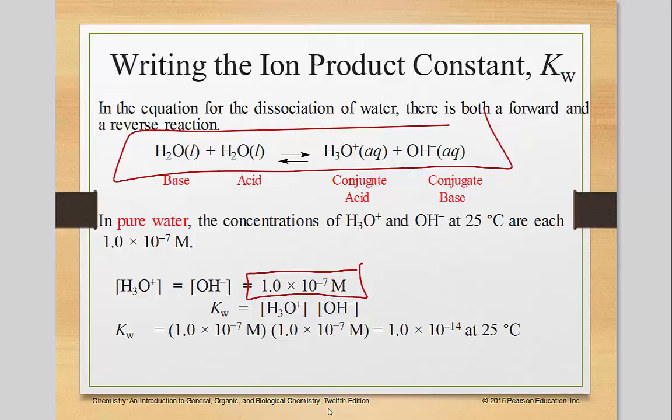And so we use something called the ion product in order to figure out how one affects the other. So here 1 times 10 to the negative 7 times 1 times 10 to the negative 7, because this is pure, is going to equal 1 times 10 to the negative 14. And we're going to use this number when we're determining the concentration of either one of those chemicals.